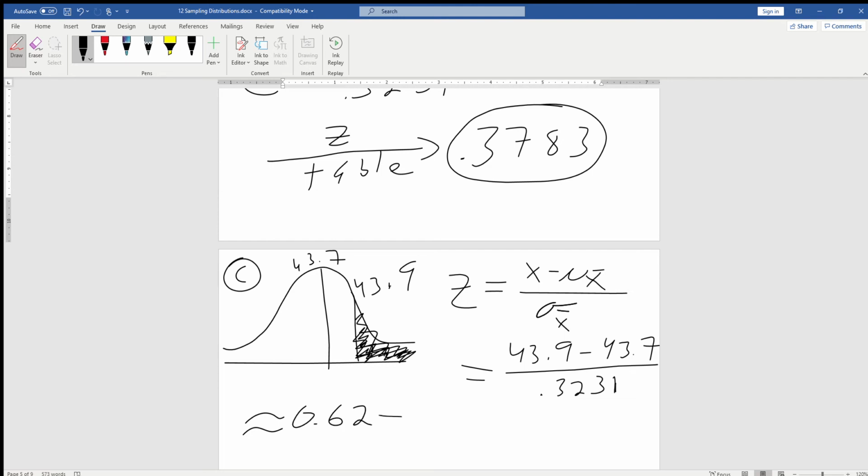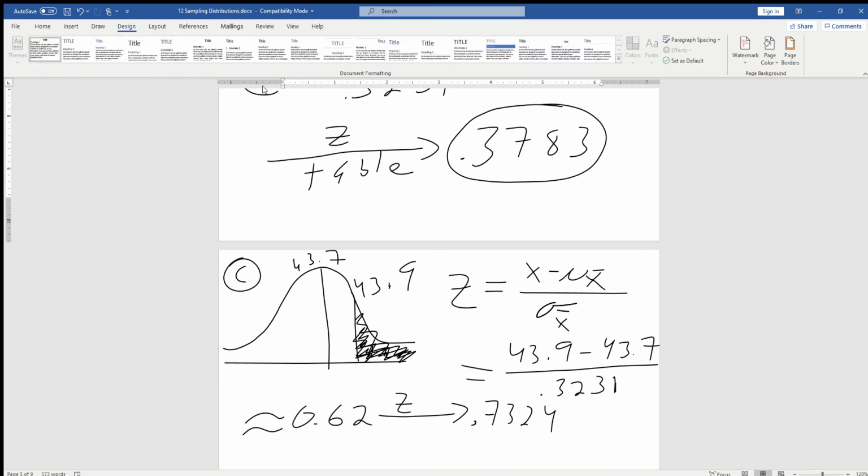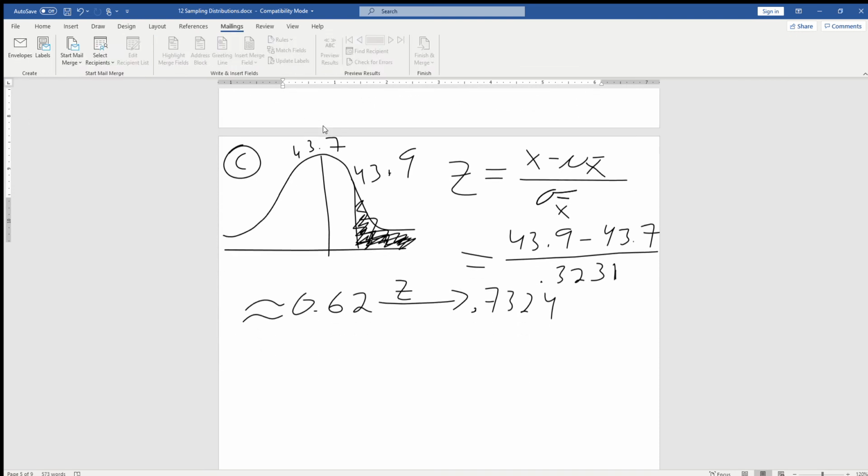We convert that using the z-table, and I get 0.7324. And finally, we can't forget that for a more than problem, we have to take the complement of whatever we get for that z.